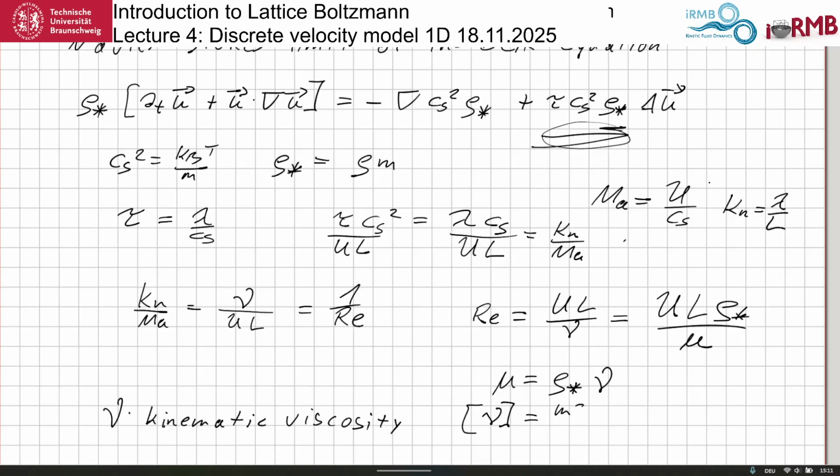All diffusion coefficients, and this is something I expect you to know by heart, have the unit square meters per second, because it is something that moves for a distance, the mean free path, at a thermal velocity. So it is length times velocity.